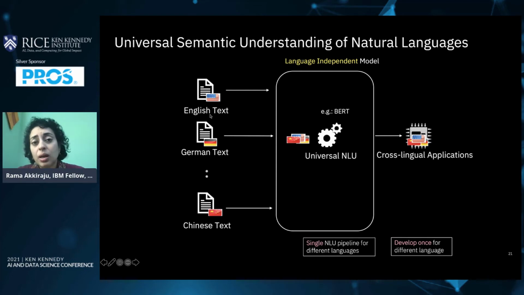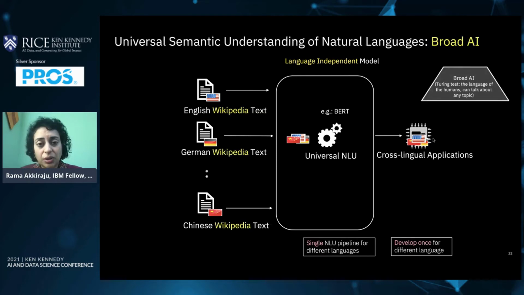You can still have language data for each language, but you don't have to maintain the individual pipelines. This multilingual data, you can feed in all of that data, and one universal language model is learned, and you have one cross-lingual application. Already many companies who are providing AI services in different languages are using this, and many companies are actively leveraging this to reduce the complexity of maintaining different languages.